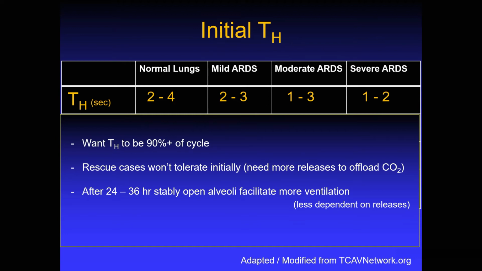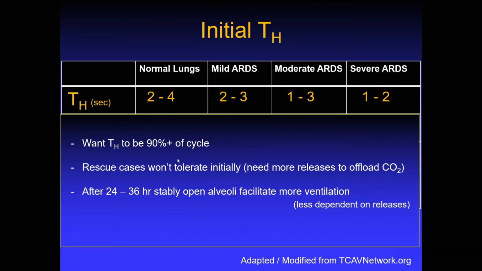And so that leaves the patient, initially at least, entirely dependent upon the release phases. And a high T high means fewer releases. So hypercapnia, buildup of CO2, can be a big issue, leading to respiratory acidosis if you set an elevated T high initially, particularly in patients with any component of respiratory acidosis to start with.